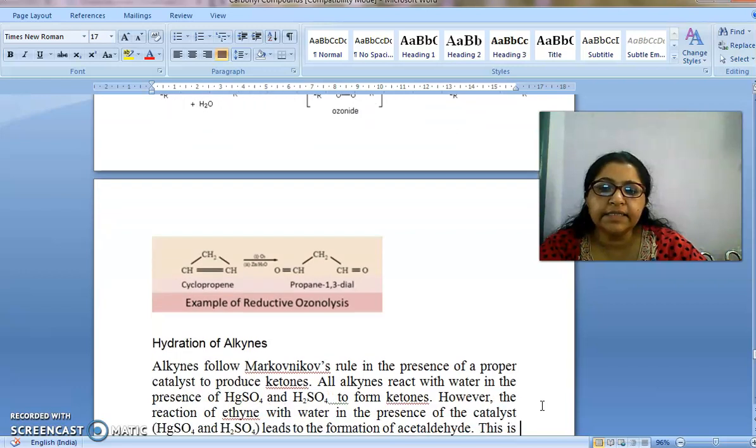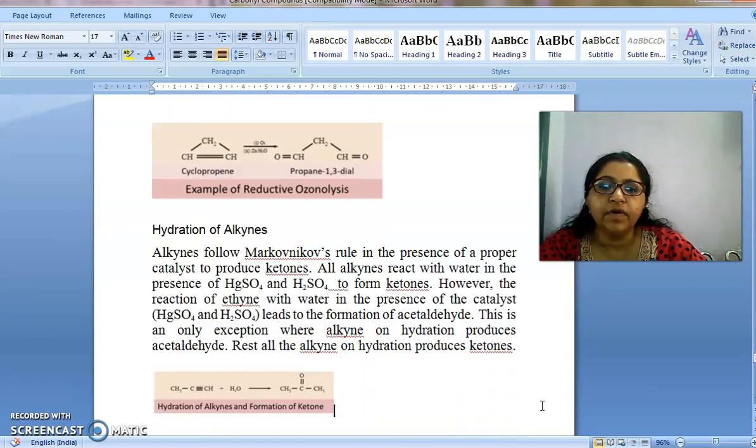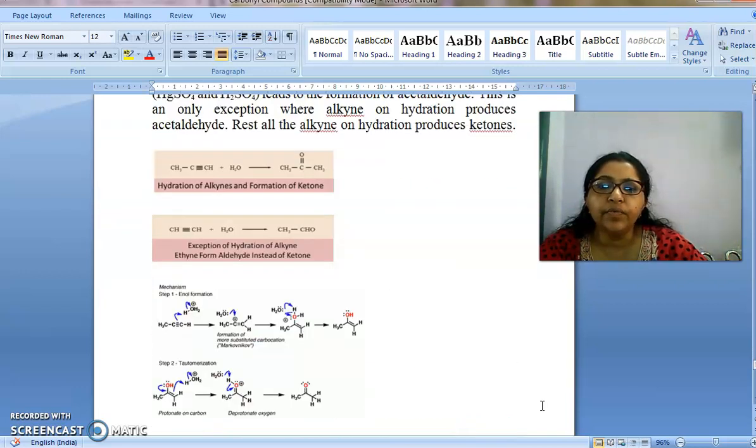Hydration of alkynes follows Markovnikov's rule. So where the H positive part will get added and where the negative part will get added: as you know, the positive part will get added to that particular carbon which has more number of hydrogens. If you compare these two carbons, here there is H, and here there is methyl, so more number of hydrogens is here. There is no hydrogen bonded to this carbon, only a methyl.